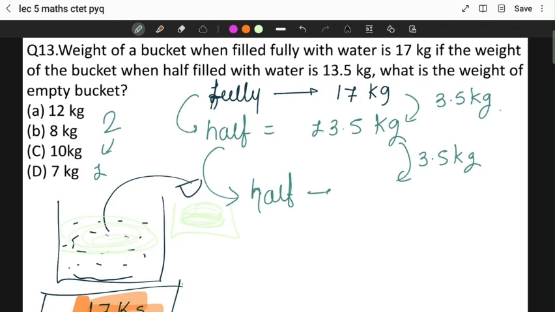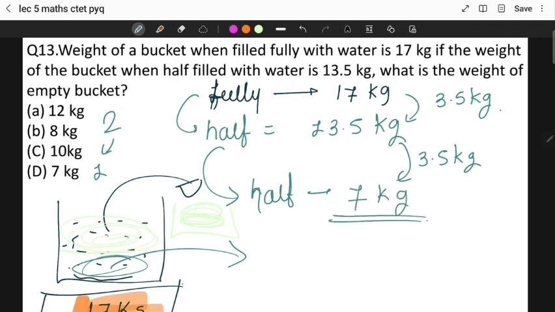Similarly, I am removing one more half from the left out water. So if I remove 3.5 kgs of water, now water is fully removed out of the bucket. So how many kgs of water has been removed now? 7 kgs of water had been removed. They have asked us the weight of the empty bucket.